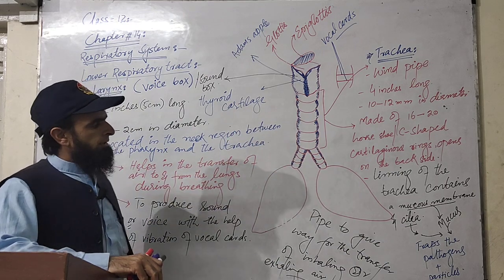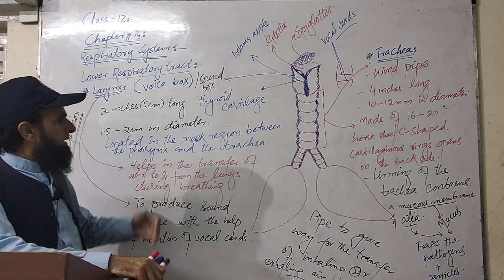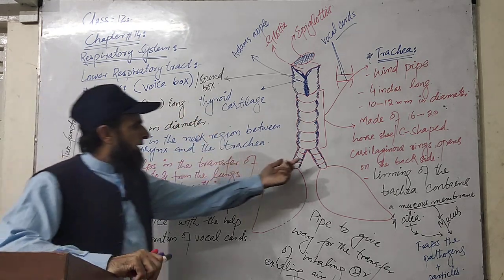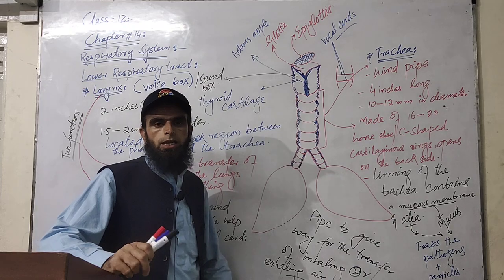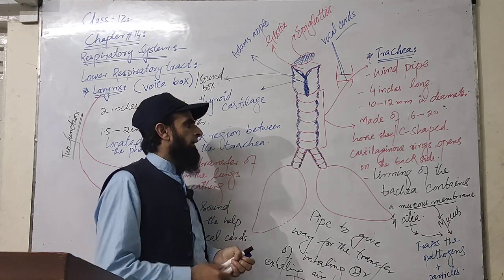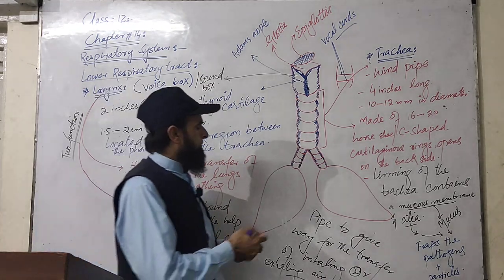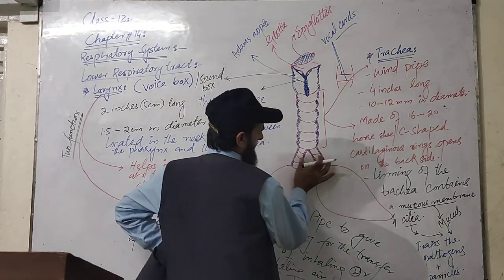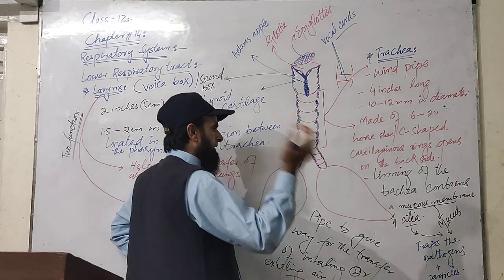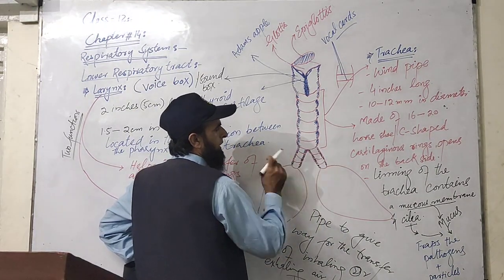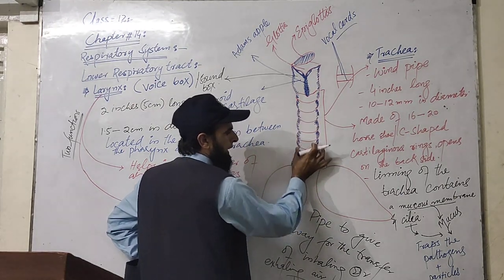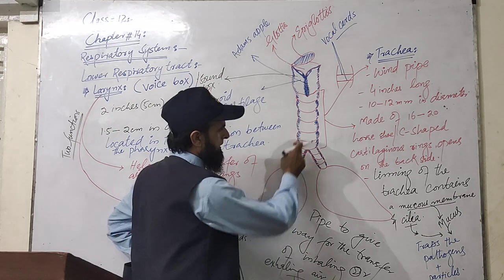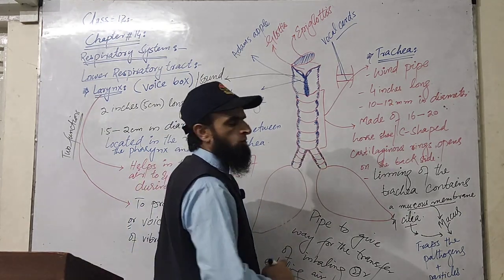Okay, so this is enough for today. The rest, after the trachea, the bronchi and the lungs, bronchus, alveoli, etc., will be discussed next time in the next video. But one thing should be noted here about the bronchi. The trachea with the two bronchi forms a tree-like structure.